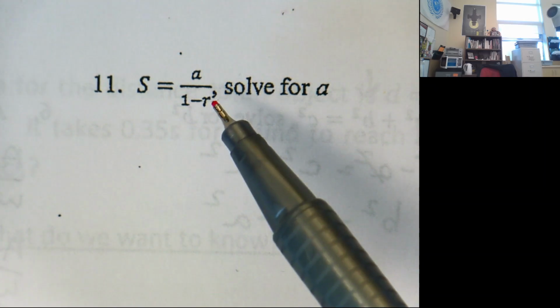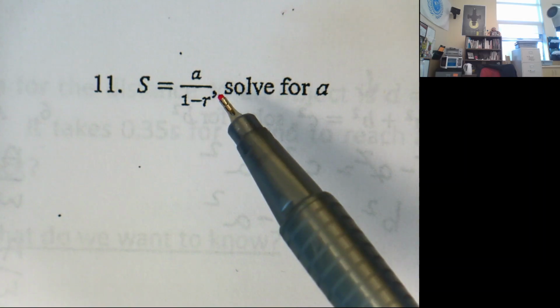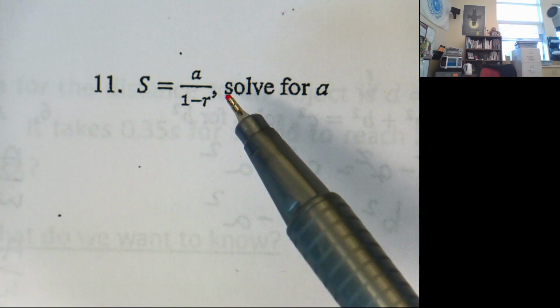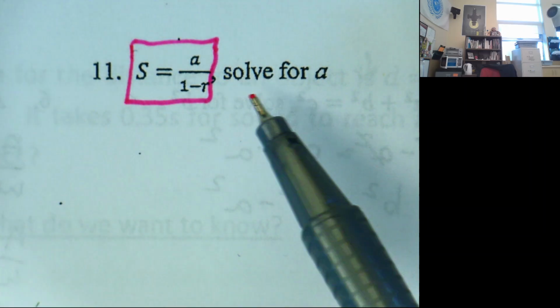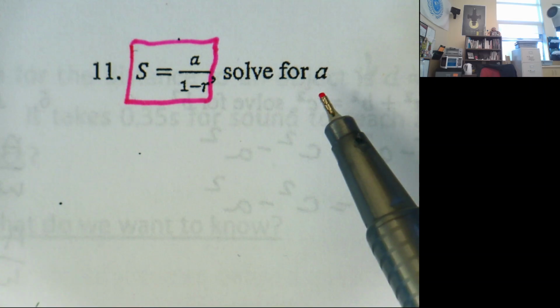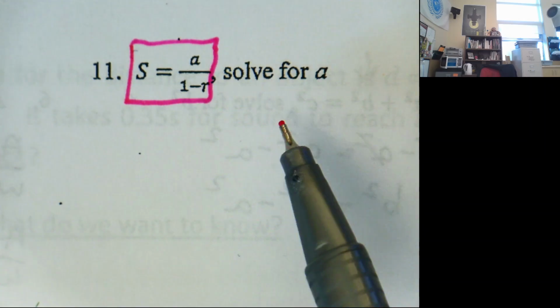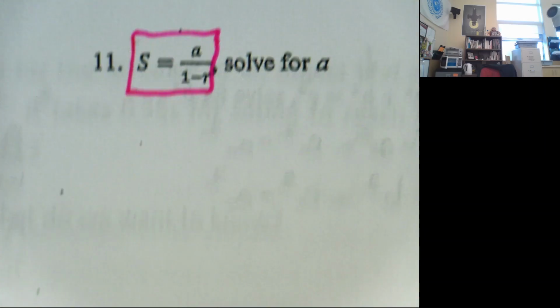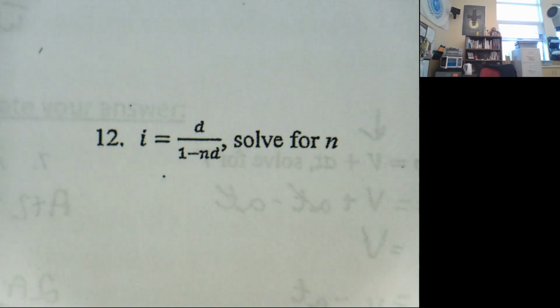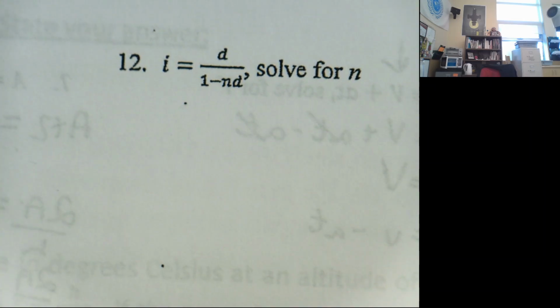It's not. This is not some sort of hidden secret math symbol. It's literally just a comma. This is the thing that you're solving for A. This is the question. This is the instruction. So this whole column, 11 through 15, is exactly the same.